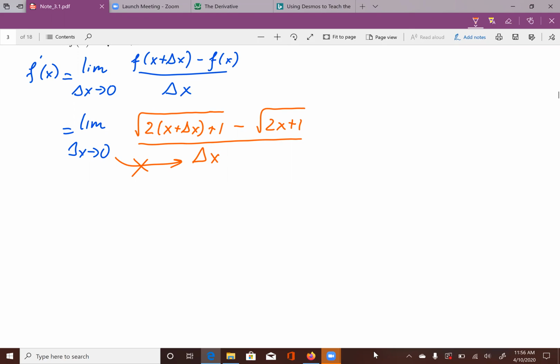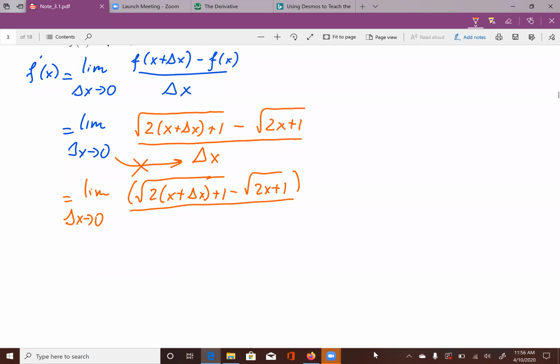So the conjugate term is very similar to this term, but you still have the first function here divided by delta x, and you multiply the top by the conjugate term.